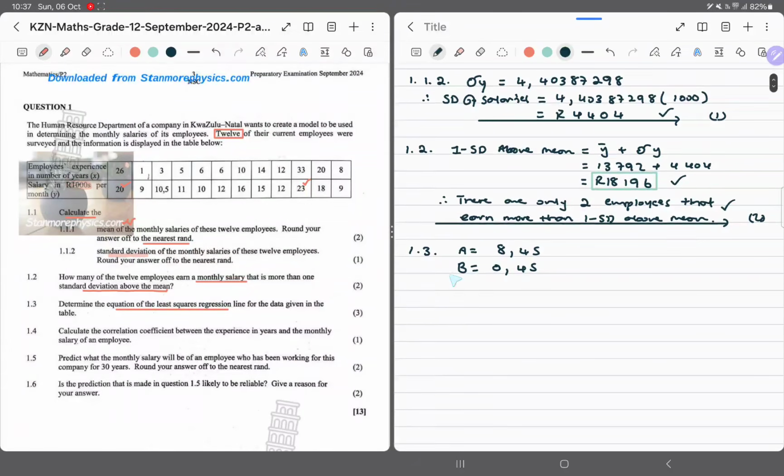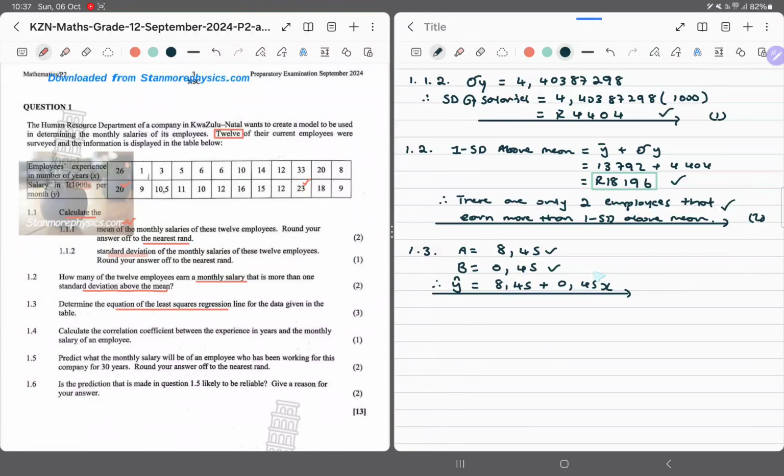So after this, we then write our equation. Y accent is essentially 8,45 plus 0,45x. This one, we don't need to present it in thousands of things, okay? We can just leave it as it is. It's just an equation. Oh, sorry, there's x here. Okay, great.